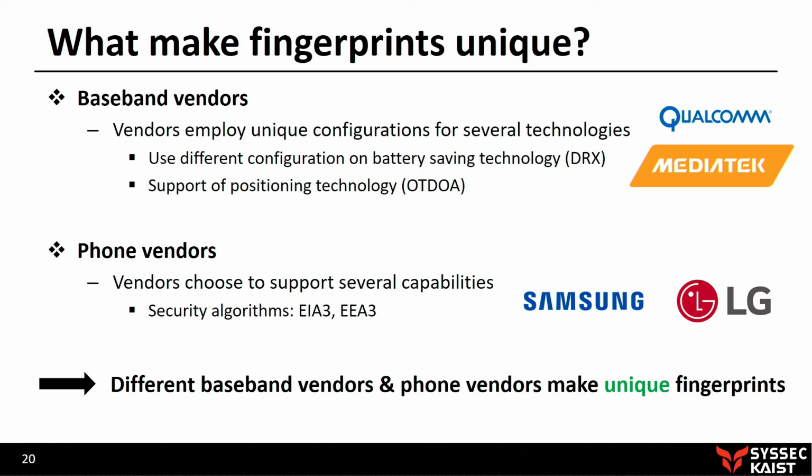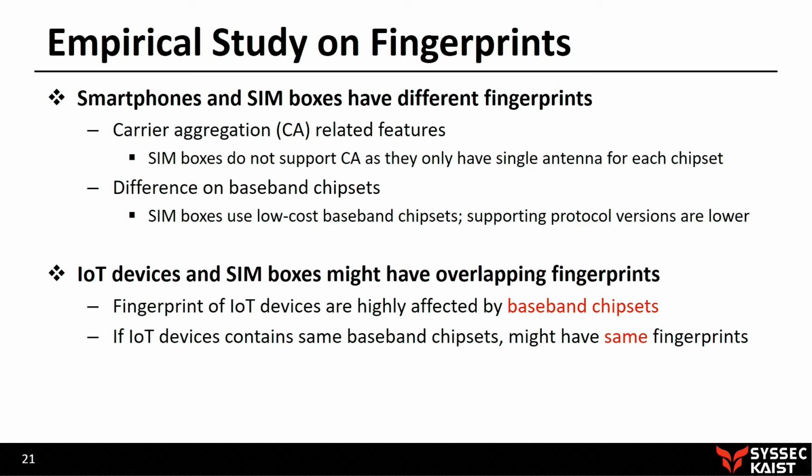Also, in case of phone vendors, they can choose to support some of the capabilities. So this implies that phone vendors can also contribute to the uniqueness of the fingerprints. From this study, we could confirm that different baseband vendors and phone vendors make unique fingerprints.